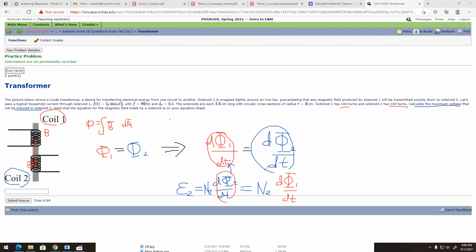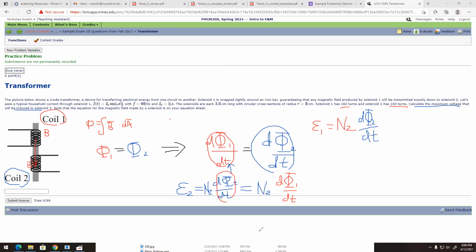And that's really nice because I can do a similar thing for solenoid 1. I can say that the induced EMF in solenoid 1 is just going to be the number of turns in solenoid 1 times the change in flux in solenoid 2. And that gives me the relationship that's so handy with transformers.